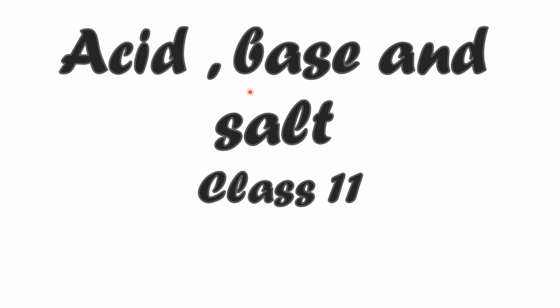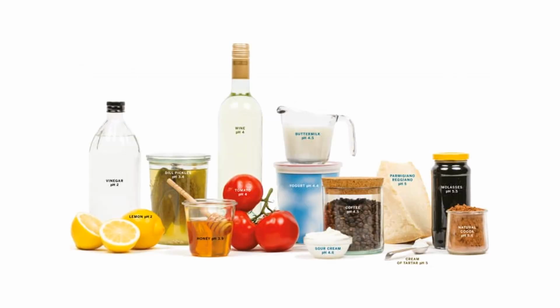This playlist is based on acids, bases and salts. So basically in this lecture, we will get to know what acids and bases are. First of all, you have seen many things in your house like vinegar, salt, honey, lemon, cream.